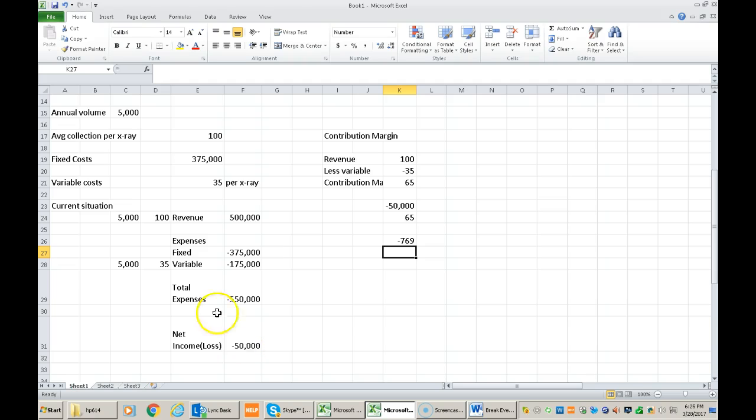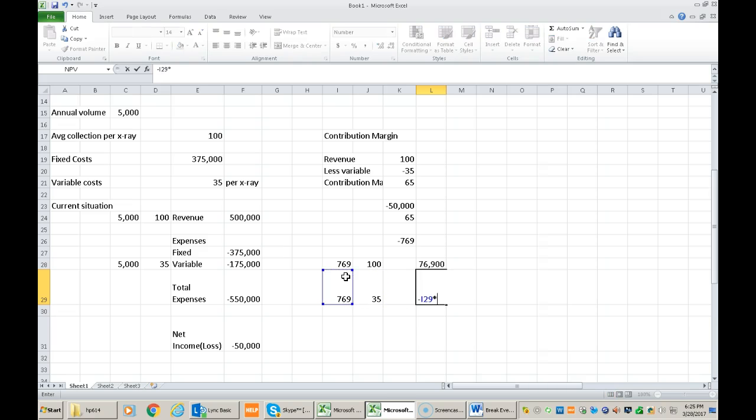So let's prove that out now, okay? So if we do 769 times 100, right? 76,900, and we know it's $35 is our variable costs. Whoops, did that wrong.